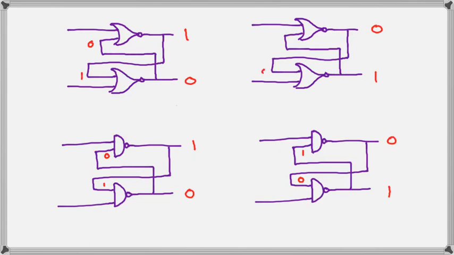Notice that for the NOR gates on the top, we have reversed the state, so we have the two possible states, one on the left and one on the right. And for the NAND gates below, we have done the same identical thing.